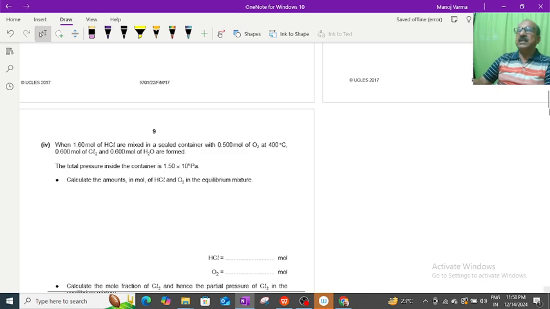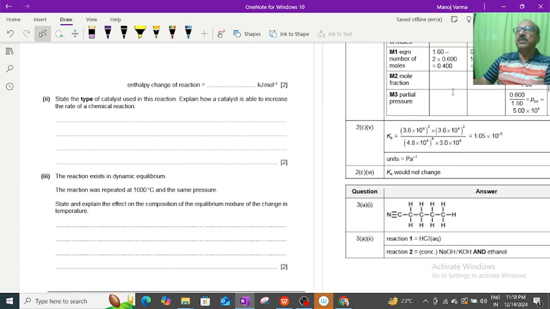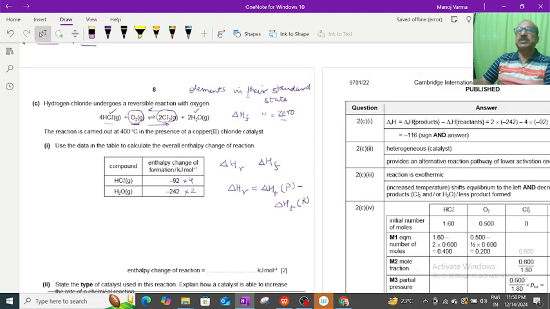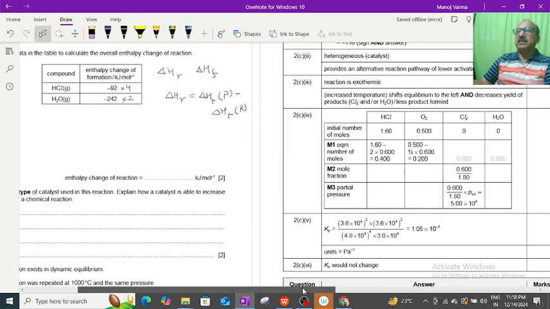So we have to use the same equation which was given over here, that is 4HCl plus O2, the same. And this is what they have given over here, right? The same, but they have not written the coefficients down.